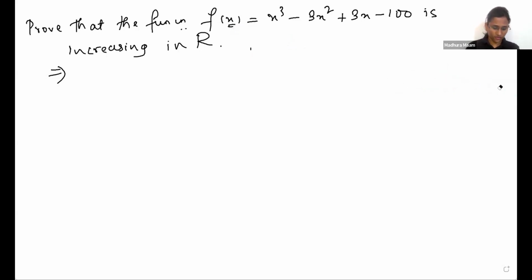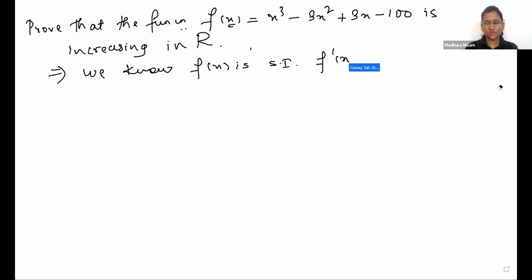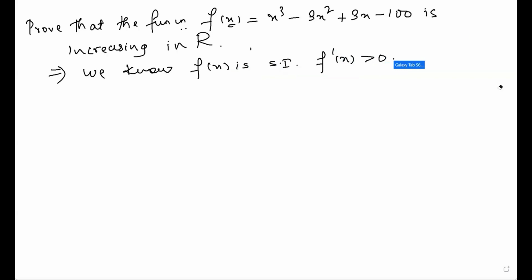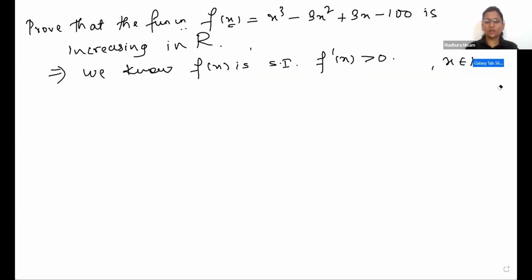So first and foremost thing, when we know that it is increasing, we know that f of x is strictly increasing. You can say increasing if f dash of x is what? Greater than 0.